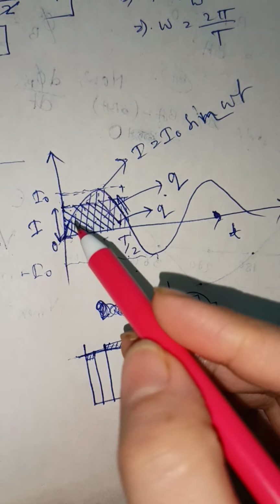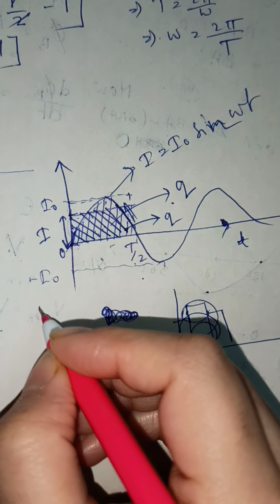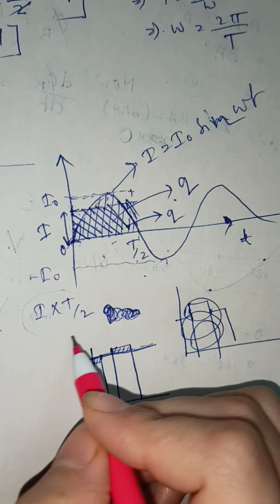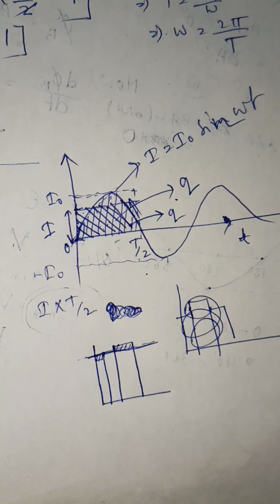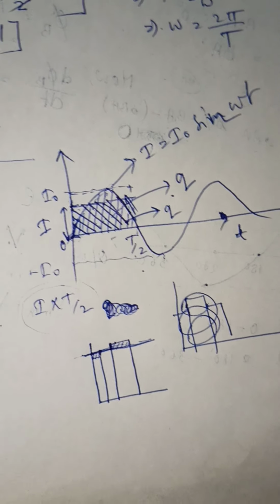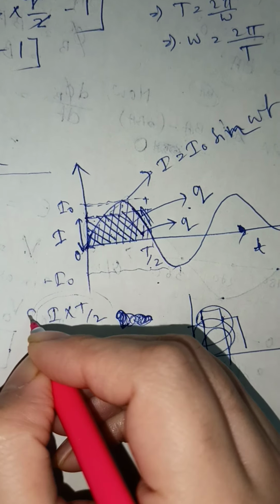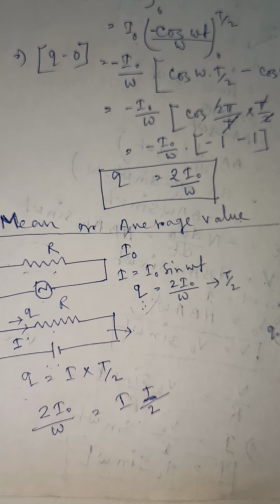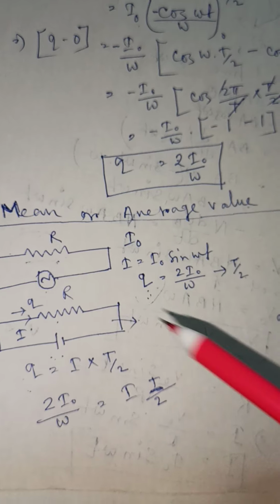Okay, so now for this rectangle, area equals I into T by 2, right? That means this is the charge passing through a circuit within T by 2 time which is connected with a DC source. So that's why we can find this mean value or average value by using this method.